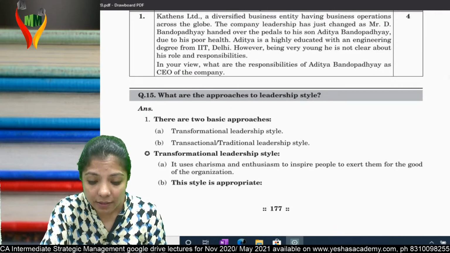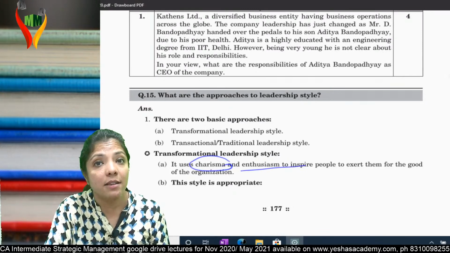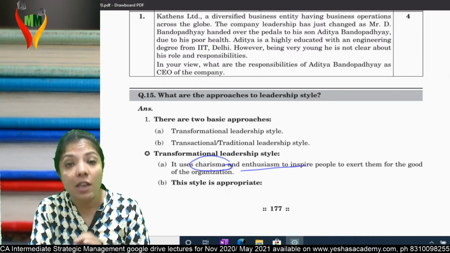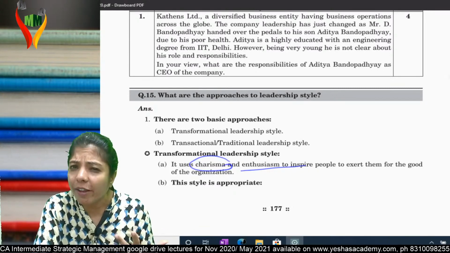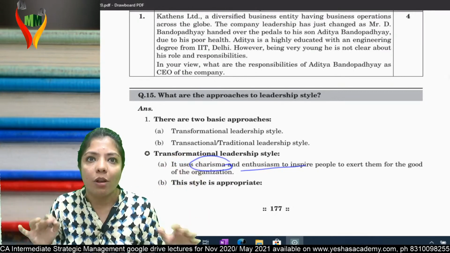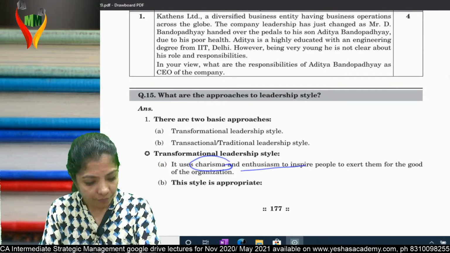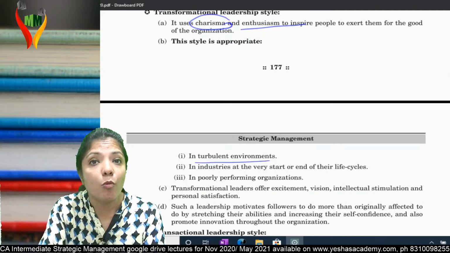That person uses charisma and enthusiasm to inspire people, to exert them for the good of the organization. They are charismatic. At times you talk to somebody, and the moment you talk to that person, you feel that so much can be done in life. Am I clear? This style is appropriate in a difficult environment.